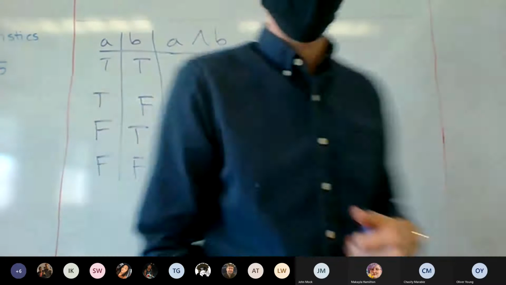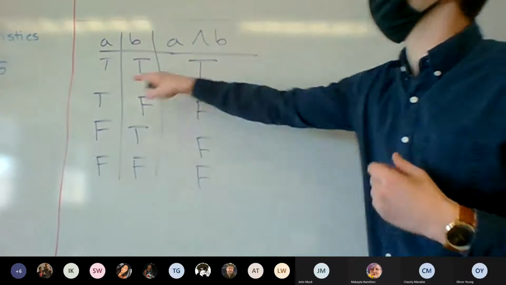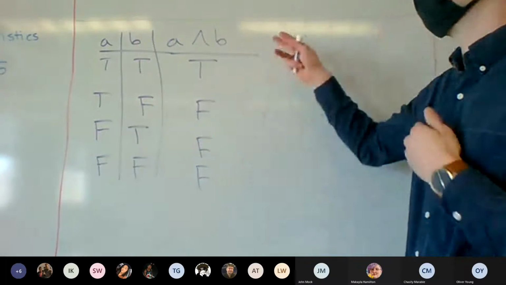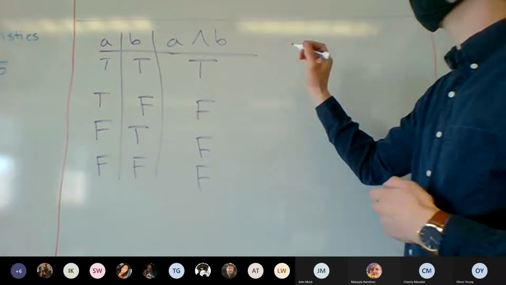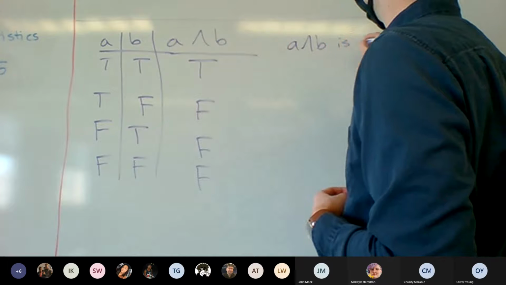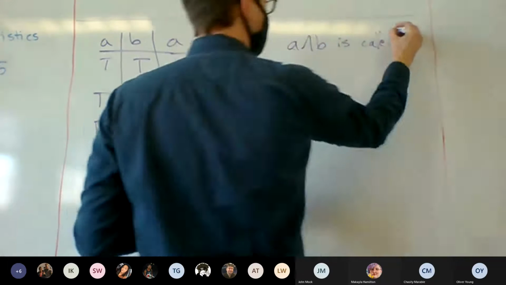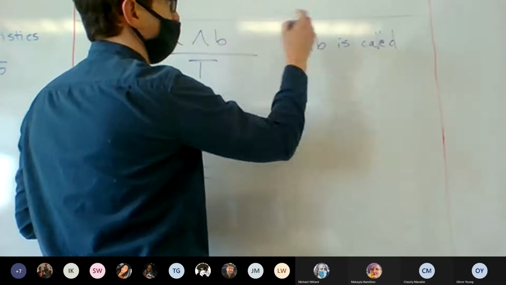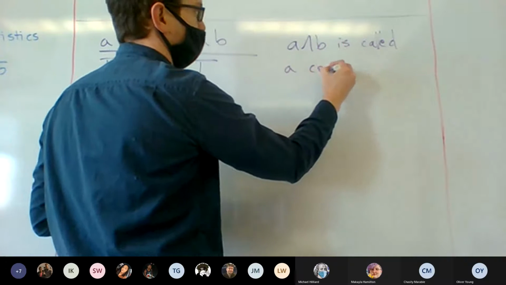So we had an and statement only being true if both inputs, both pieces that build the statement, are true. We call this statement a conjunction. So there's a new word: A and B is called a conjunction.